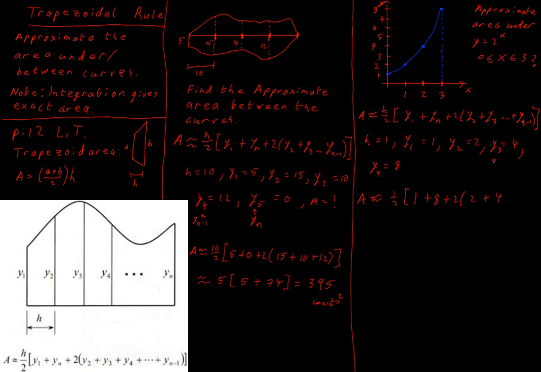Again, this is our yn minus 1, our second to last term, and our yn, our last term. We put that into our calculator, and we get 21 all over 2 equal to 10.5, and again, units squared. And that's what we need for our trapezoidal rule.